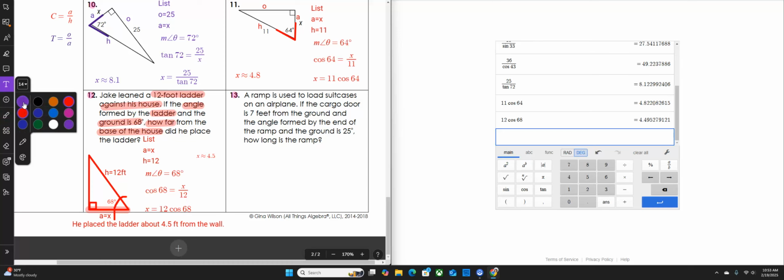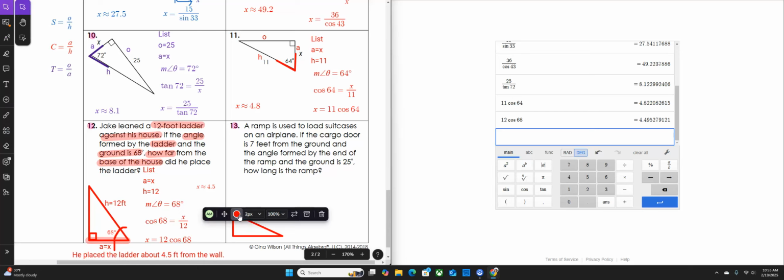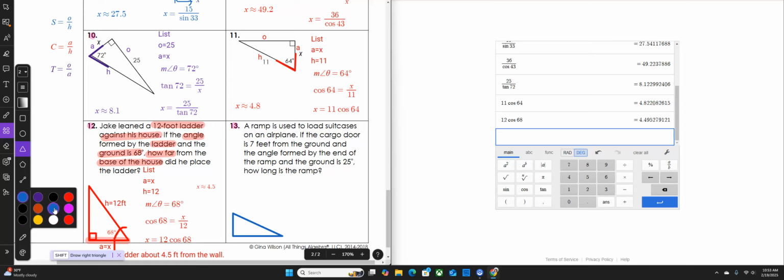All right, next question. And it's the last one we're going to do for now, because it's the last one on the page. Again, I'm going to draw my triangle. Blue. All right, and again, for accuracy, I'll go ahead and put my right angle marker.